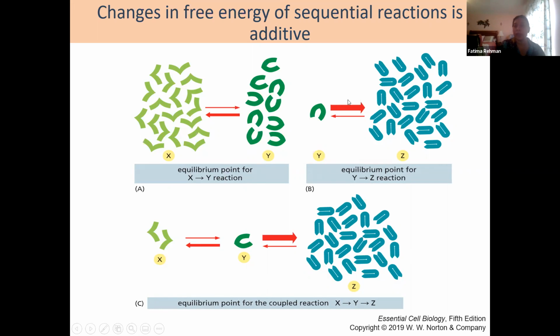Individually, these may have very different equilibrium points where the change in free energy is 0. But when you couple them together, it's going to be related to the overall change in energy of all the various products that are there. Does that make sense, guys, or no?